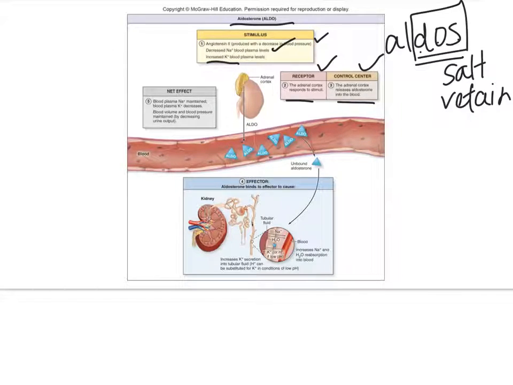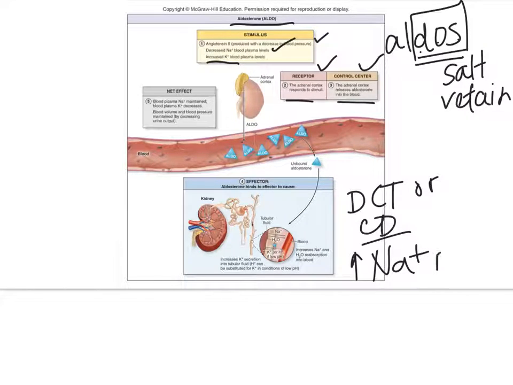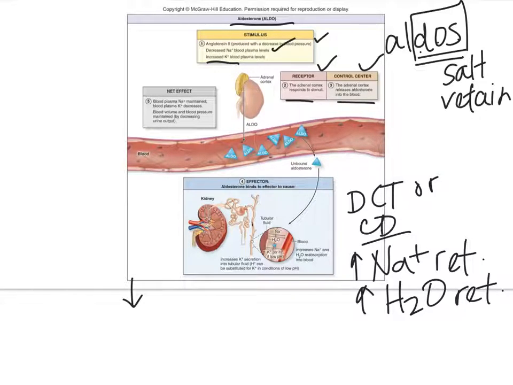Aldosterone is released and binds to the DCT or the collecting duct in the kidneys. It's going to increase sodium retention, and if it increases sodium, it's going to increase water retention. So in the long run, it'll decrease urine output, and blood plasma will be maintained.